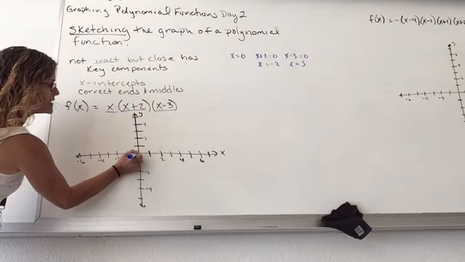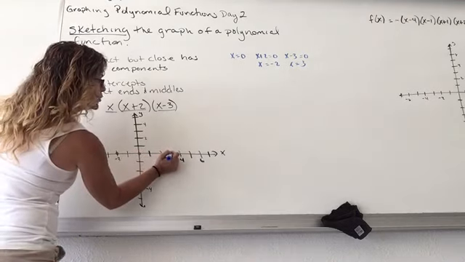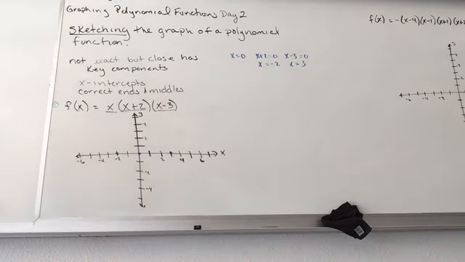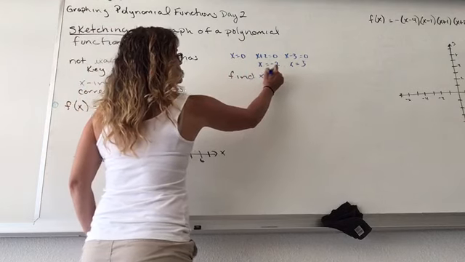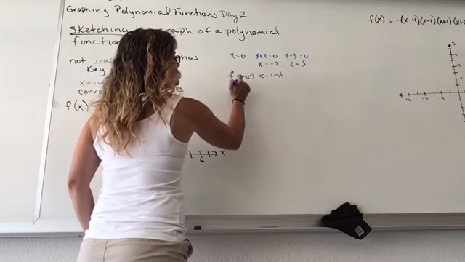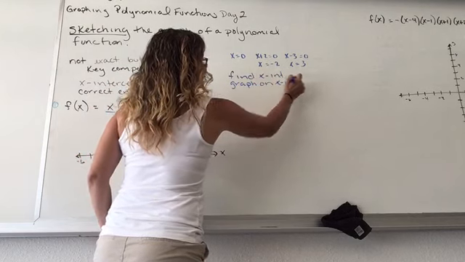So we have a point at 0, one at negative 2, and another at positive 3. So we find our x-intercepts, then we graph those points, and they're always graphed on the x-axis.